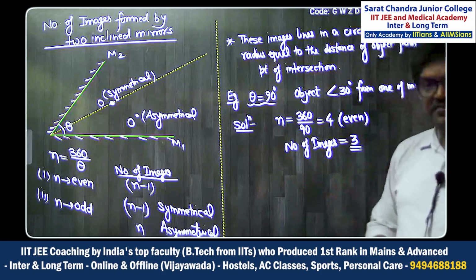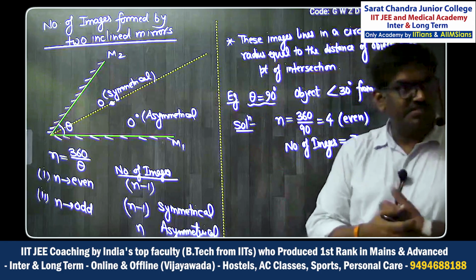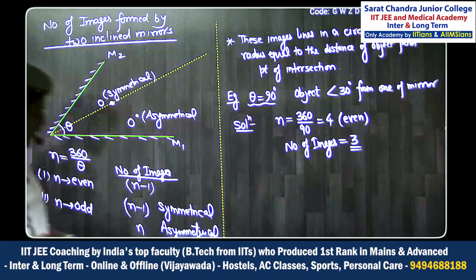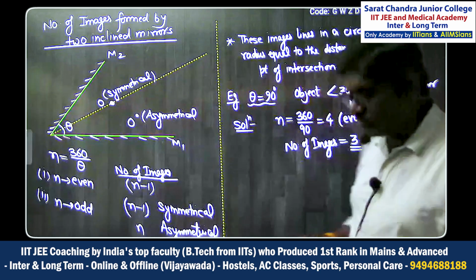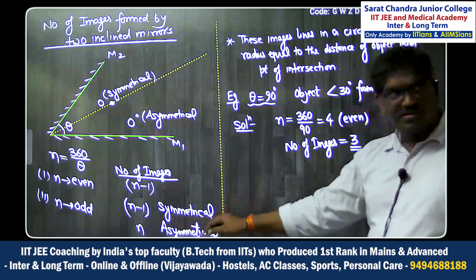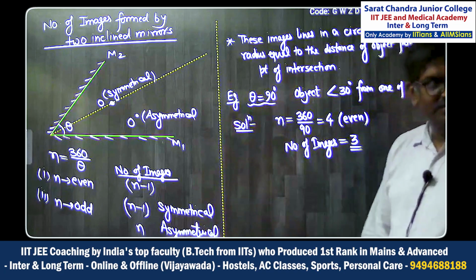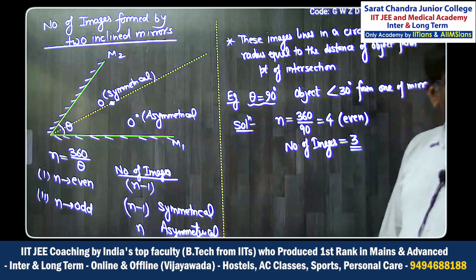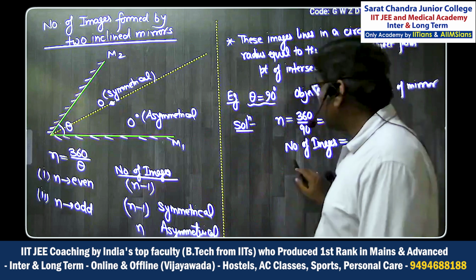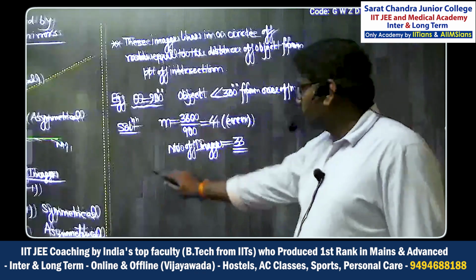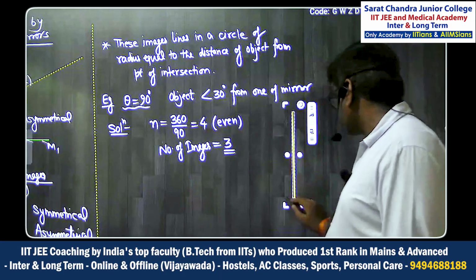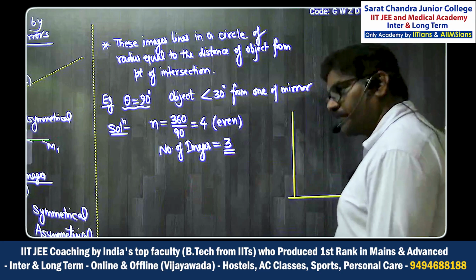Suppose in the second part, if I say, can you locate all the 3 images? What is the best way to locate these images? This check of symmetry is only for odd n. For even n it is always n minus 1. For even, whether it is symmetrical or asymmetrical doesn't matter. All right. How to draw the position of the image? For that, first I draw two mirrors which are at 90 degrees.